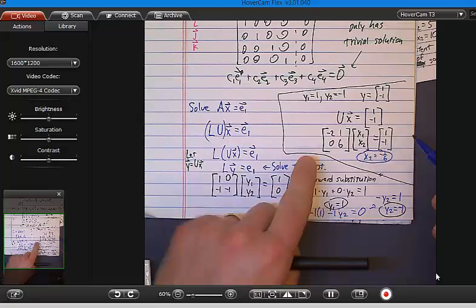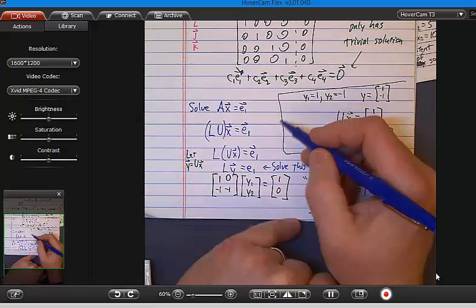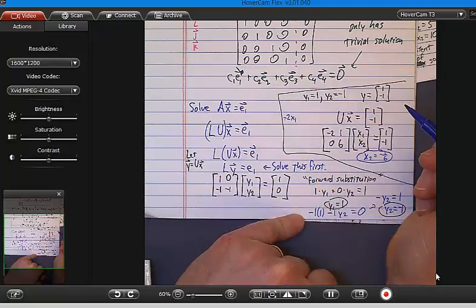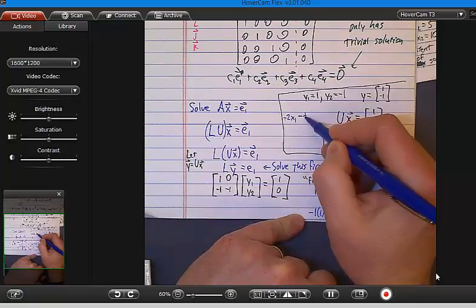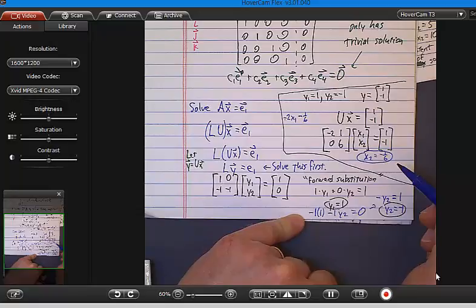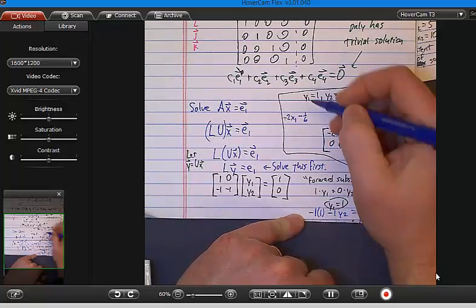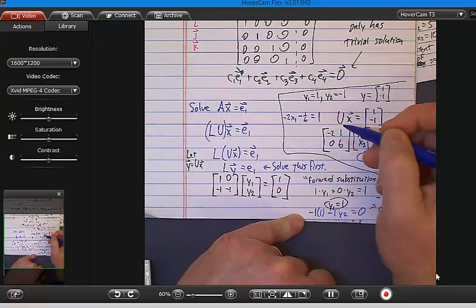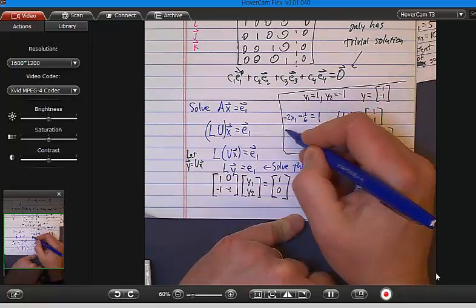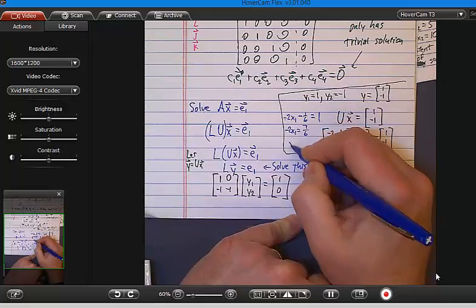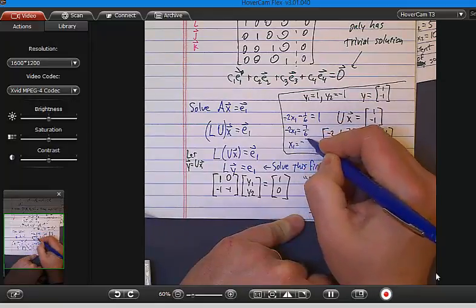Let's see. Negative 2x1 minus 1/6, because it's plus 1 times negative 1/6, has to equal 1. Negative 2x1 is 7/6, so I'm getting x1 is negative 7/12. All right.